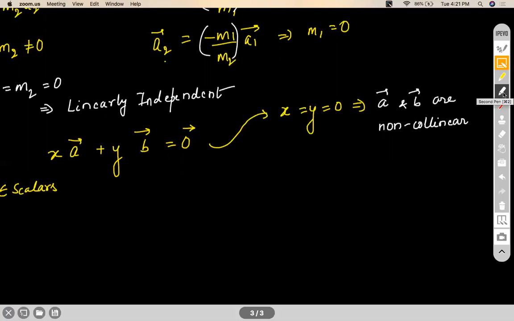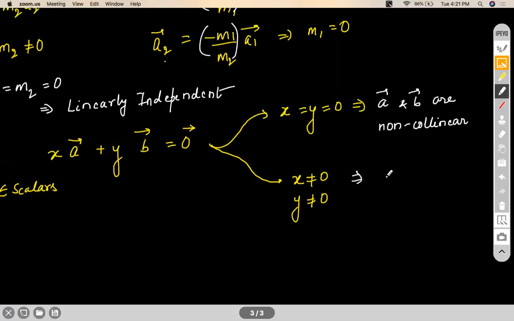Are you getting my point? And if x and y are both not equal to 0, see, if A is a non-zero vector and y becomes 0, you cannot have x not equal to 0. x will definitely become 0 in that case. So here, both of them should not be 0.